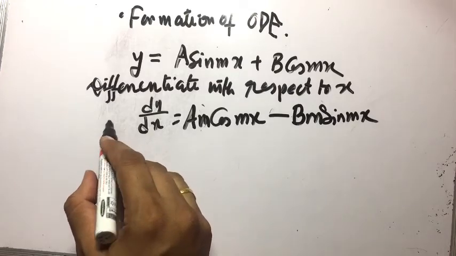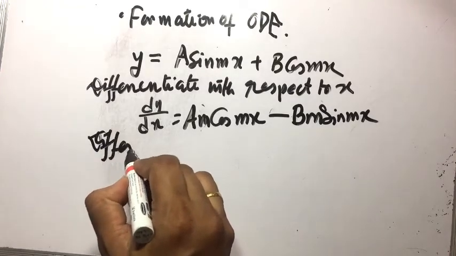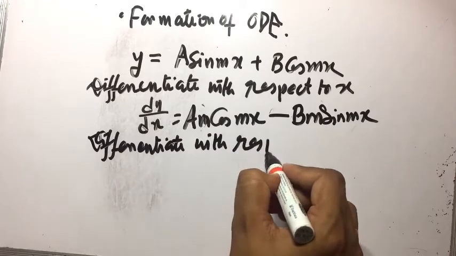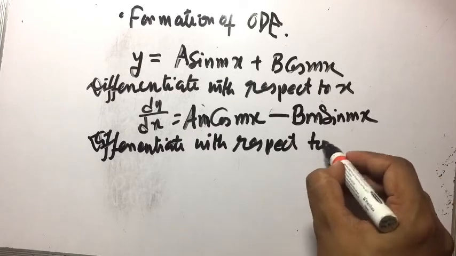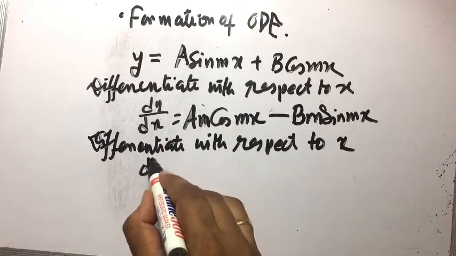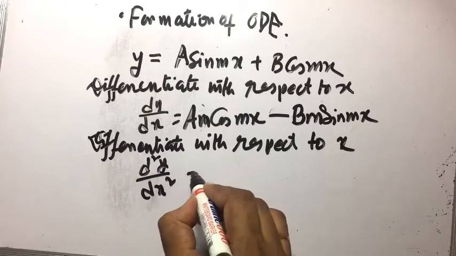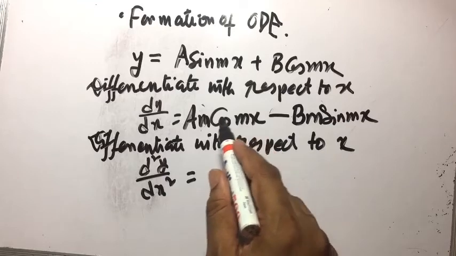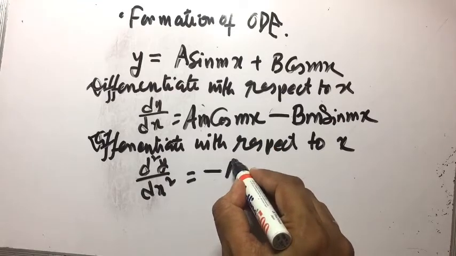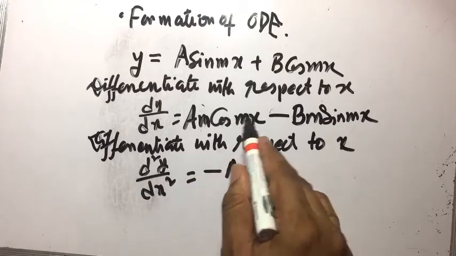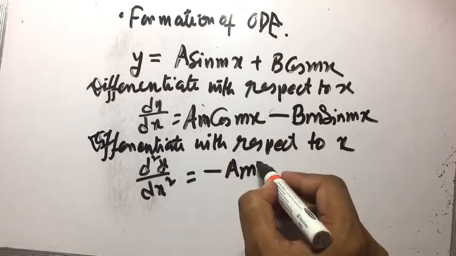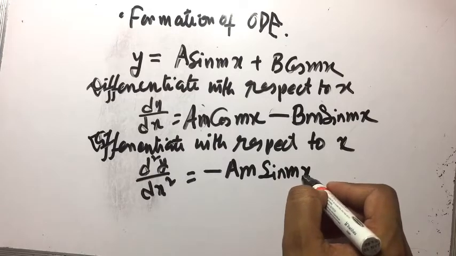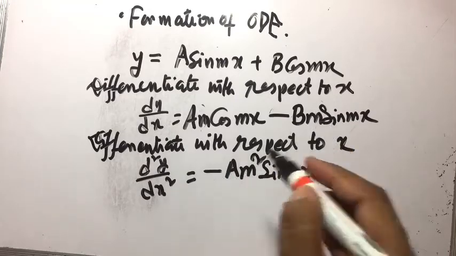Now if you differentiate again, we can find the differential equation. Differentiate with respect to x. If you differentiate again, you get the second order derivative, d square y over dx square, equals: differentiating the cos term, we get minus a m, since a and m are constants, times sin mx, and with the factor m, that is minus a m square sin mx.